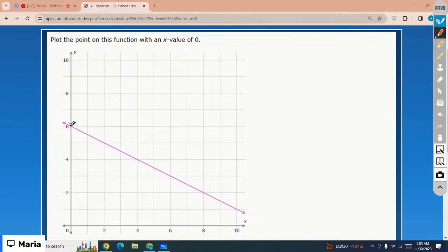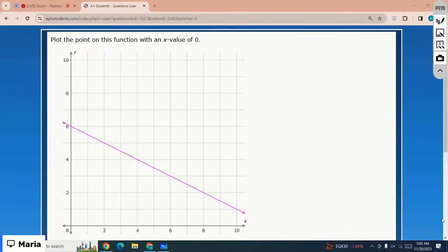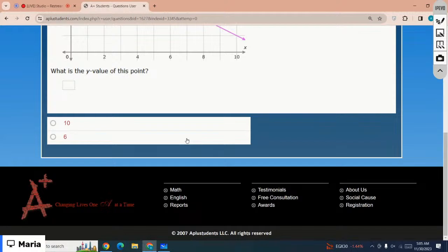So here is the point, and the y value here is 6. That means when x equals 0, y equals 6. The correct option is 6.